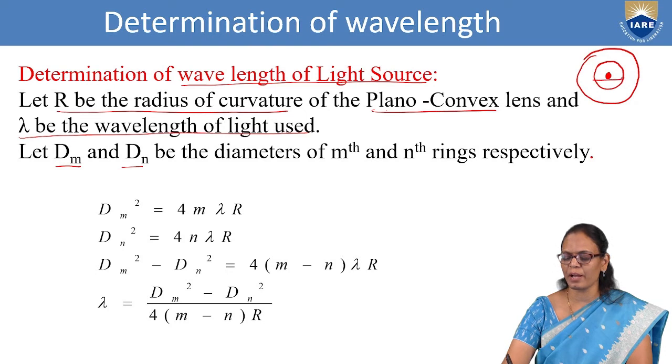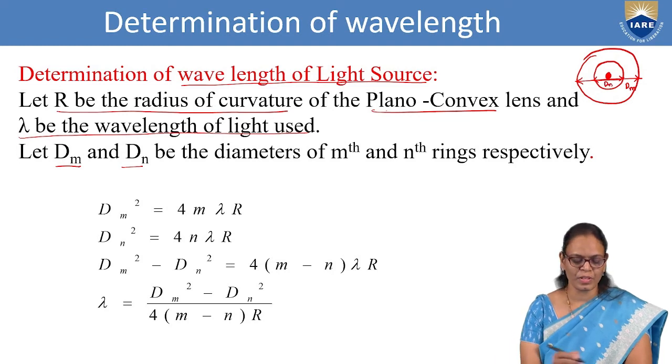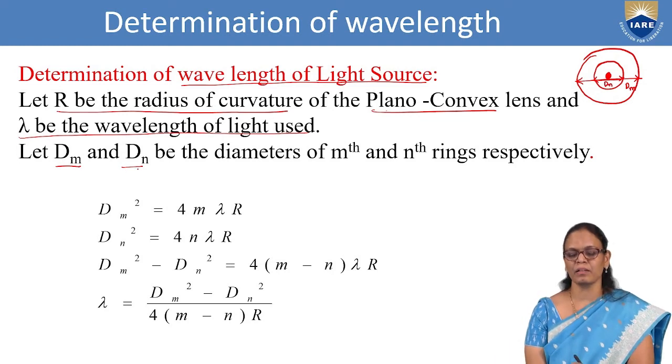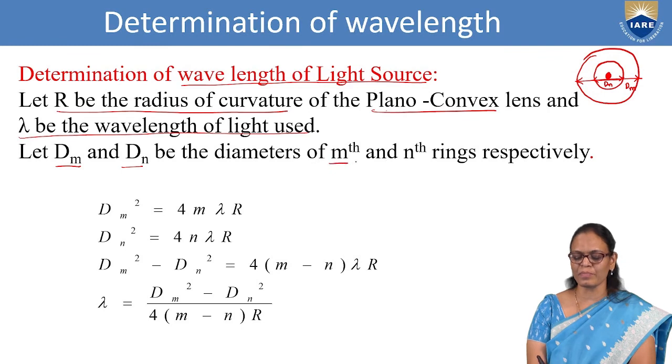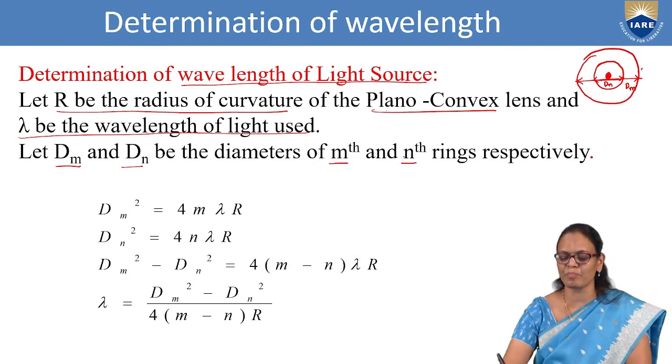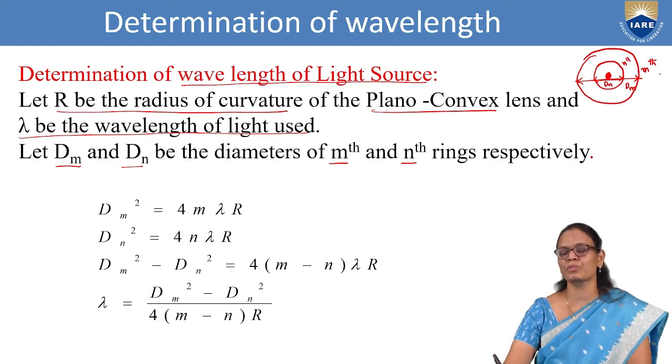So this is the diameter of the nth ring, and this will be the diameter of the mth ring. So this is Dm and this is Dn. Dm and Dn be the diameters of the mth and the nth ring. Your n can be 1, m can be 2, so the diameter of the second ring minus the diameter of the first ring.